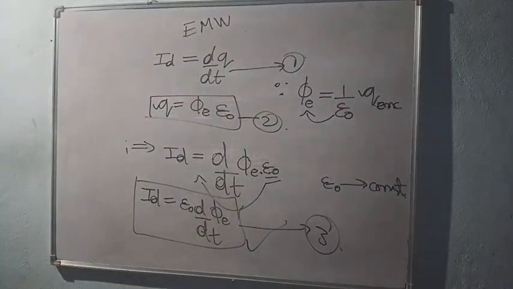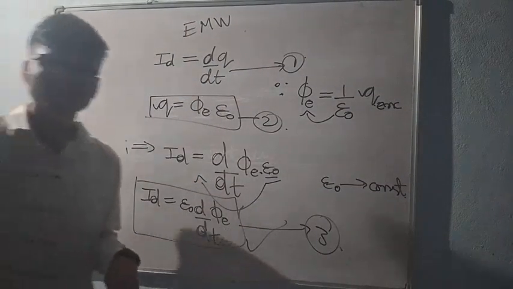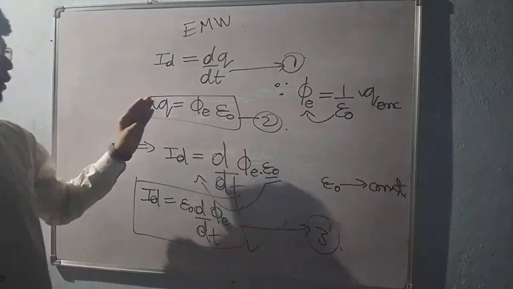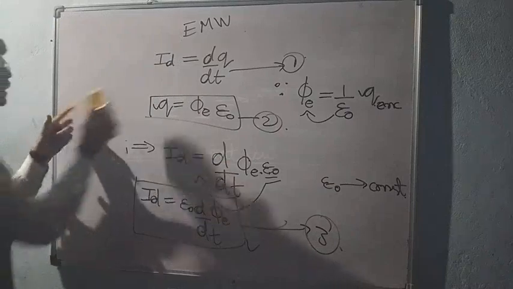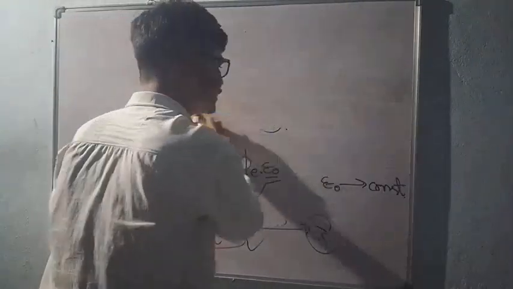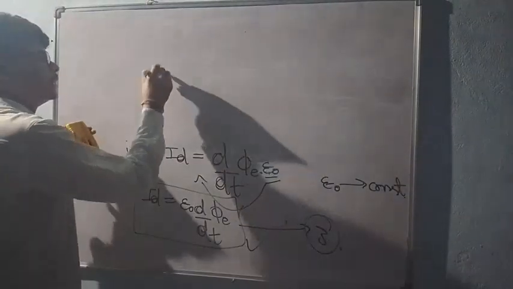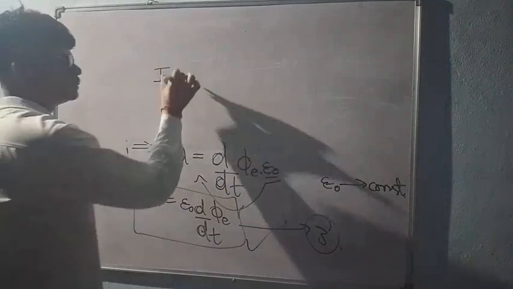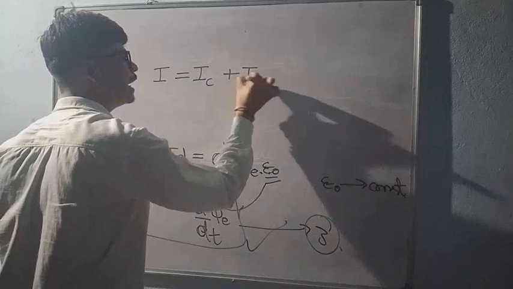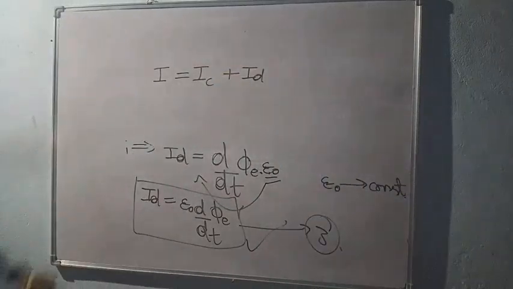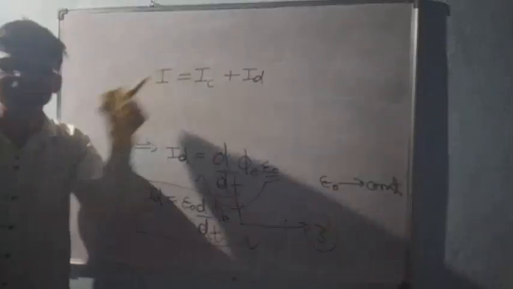We will take this value of displacement current and move on to our next topic, the total current. Since the total current is the sum of conduction as well as displacement current through an electromagnetic wave, the total current is I conduction plus I displacement.